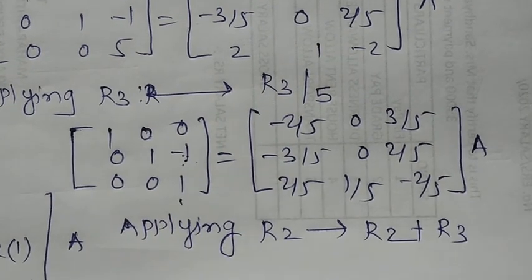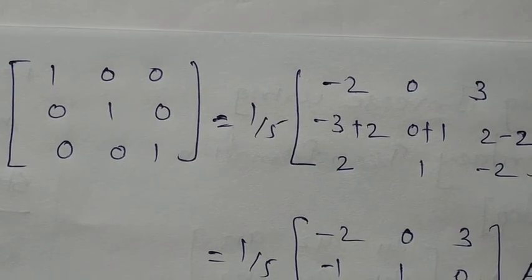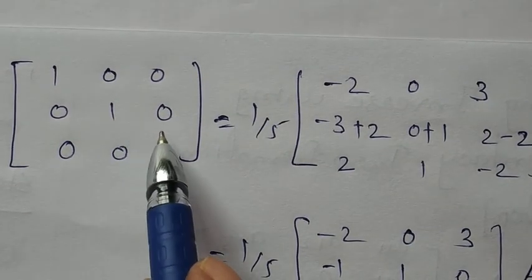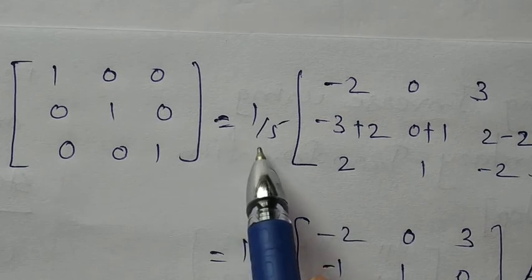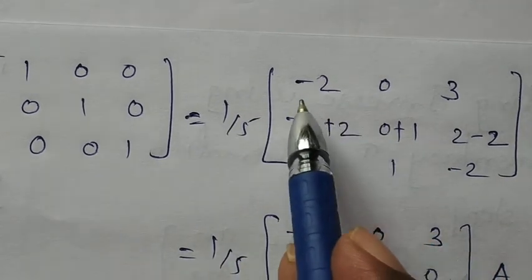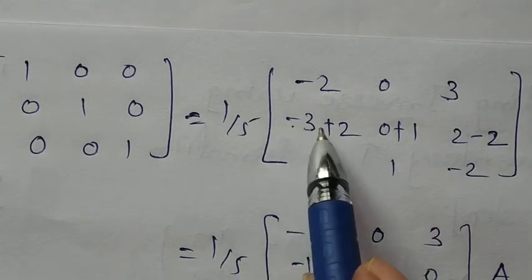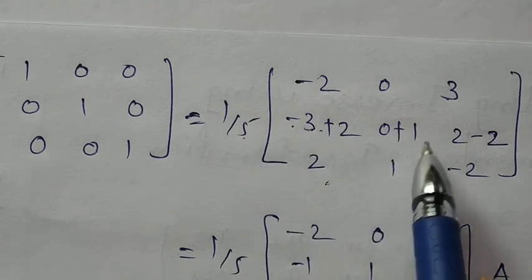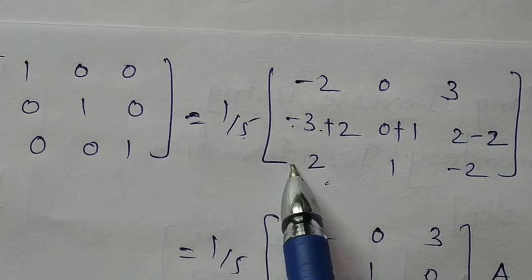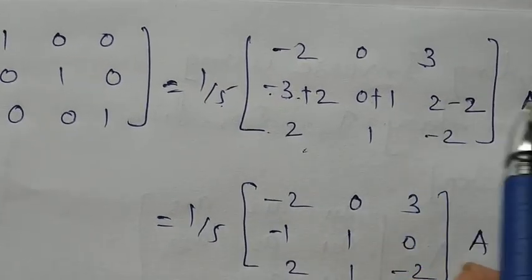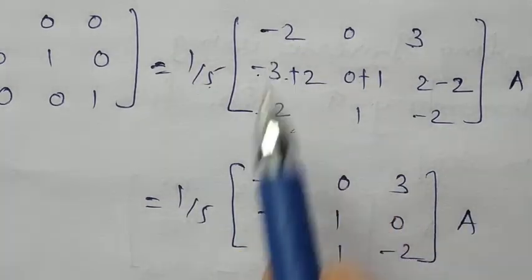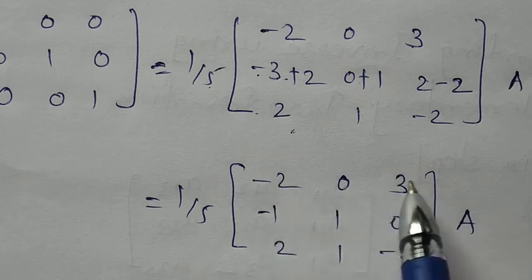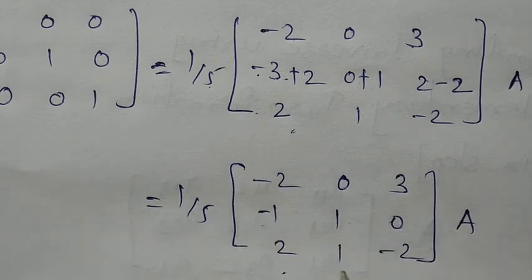So minus 1 becomes 0. Then we take 1 by 5 common. What remains? Minus 2, 0, 3. Here it is minus 3 by 5; take 1 by 5 outside. Then minus 3 plus 2, then 0 plus 1 and 2 minus 2. Same 2, 1 minus 2 into A. That equals 1 by 5 common, and what remains is minus 2, 0, 3, minus 1, 1, 0, 2, 1, minus 2 times A.